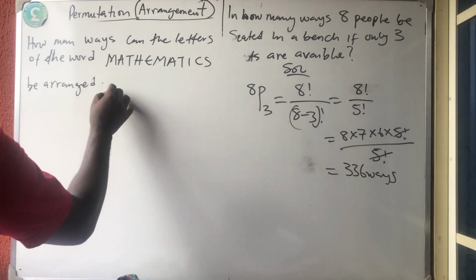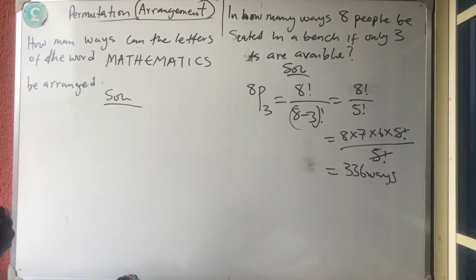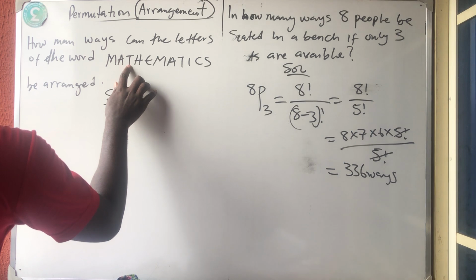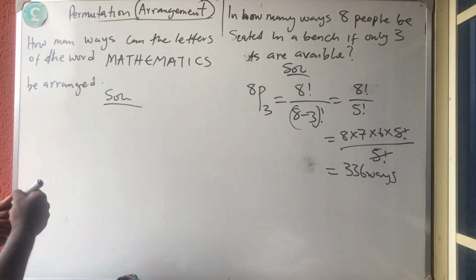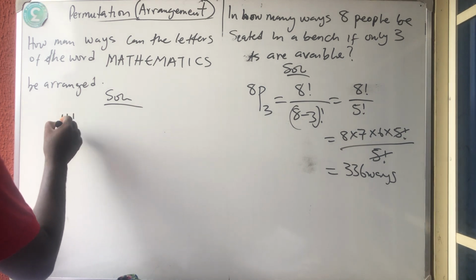Okay, solution, very, very simple. Just count it. They are 1 2 3 4 5 6 7 8 9 10 11. They are 11. Just say that 11 factorial all over.